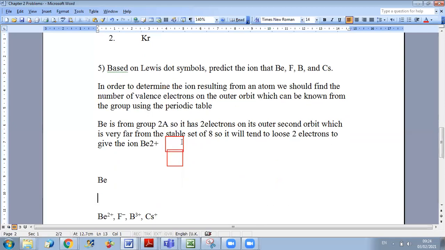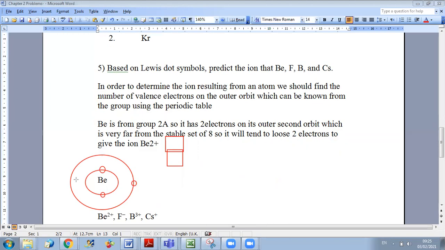Since the atomic number of Be is 4, on the first orbit it will have 2 electrons, because the first orbit can have a maximum of 2 electrons. The second orbit can have up to 8. So here this is 1, this is 2, and the outer orbit will only contain 2 electrons.